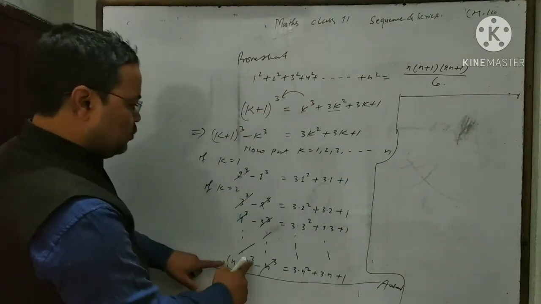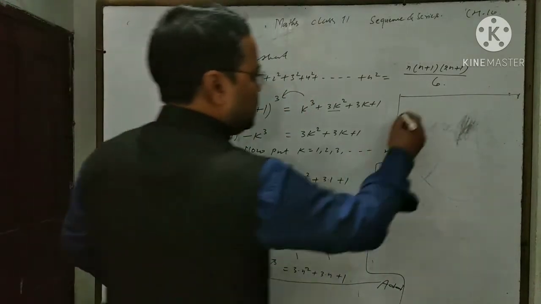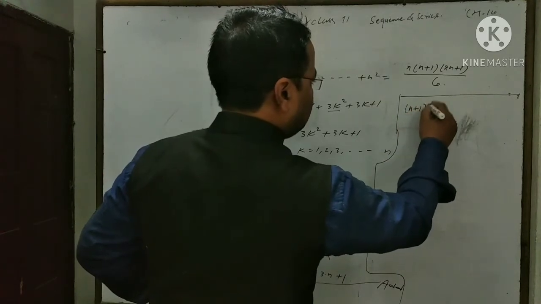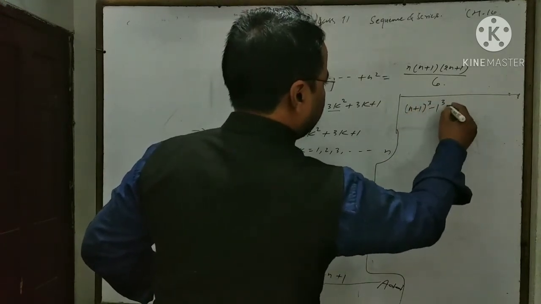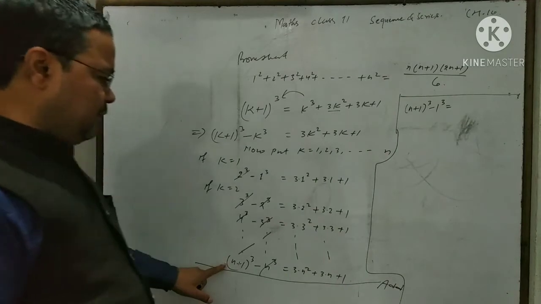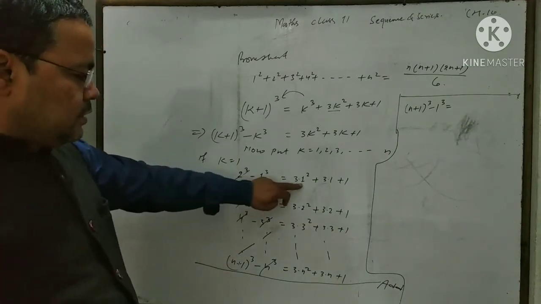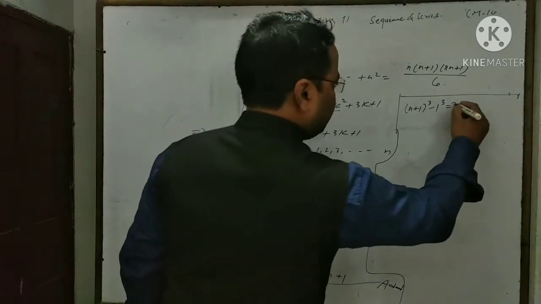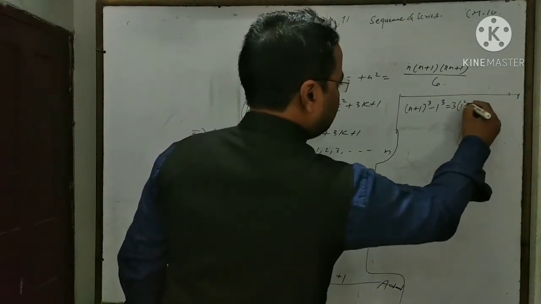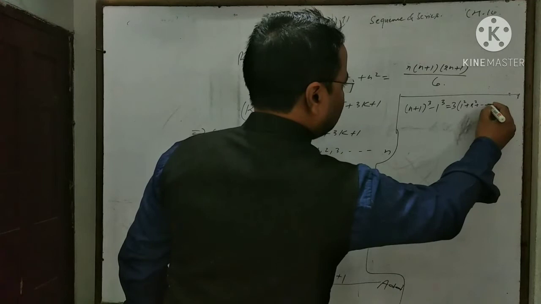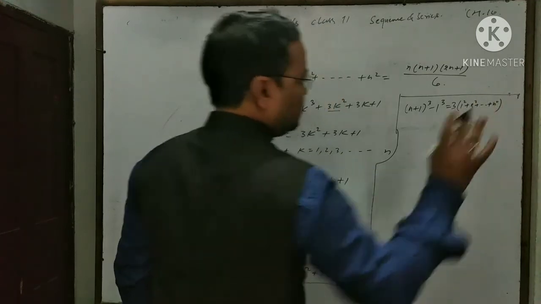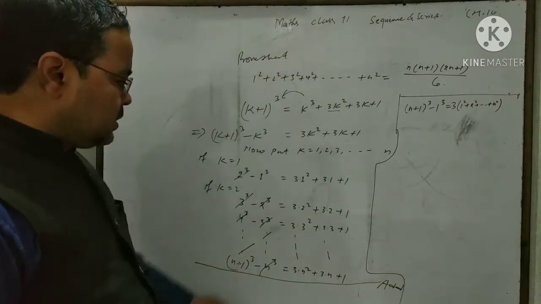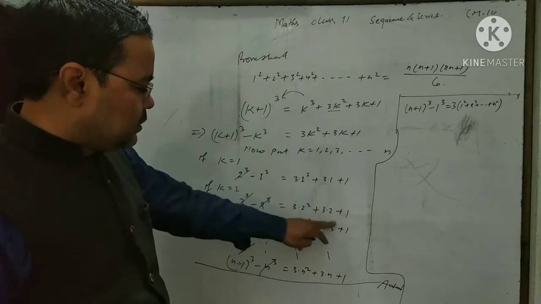(n plus 1) cube minus 1 cube. So this is (n plus 1) cube minus 1 cube is equal to, what we find now, 3 into 1 square, 3 into 2 square. Just add it. We add in this form. Take 3 common: 1 square plus 2 square up to plus n square. Get it? Very simple. Similarly, the second part, 3 into 1, 3 into 2, 3 into 3.